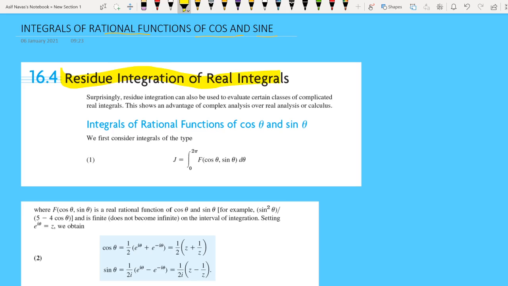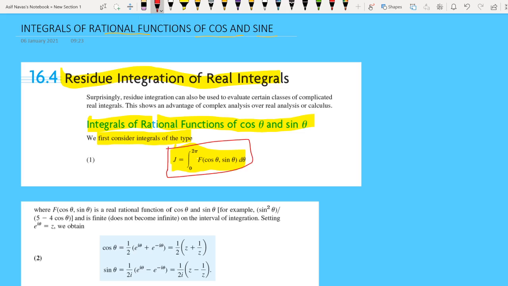Suppose the integrals of rational functions of cos theta and sin theta. First we consider integrals of the type J equal to integral 0 to 2 pi f of cos theta, sin theta d theta. That means integrals of this form.